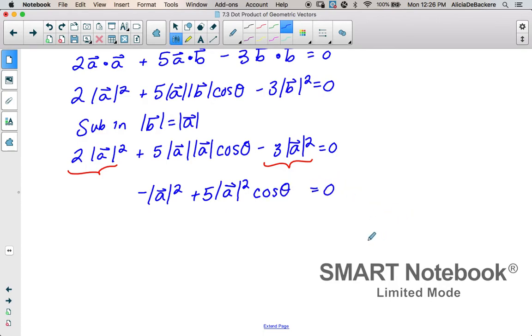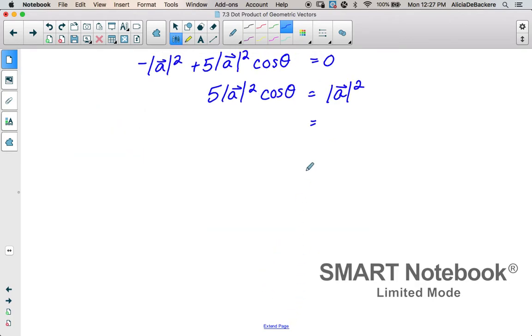I want to solve for theta, so I'm going to rearrange this equation. So I'm trying to get the theta by itself. So first, it's kind of like just reverse BEDMAS, right? I'm moving things away from that, and I start with adding and subtracting. So I'm going to take the negative magnitude of a squared over to the other side and add it. And then I'm going to divide out the coefficient in front of cos theta.